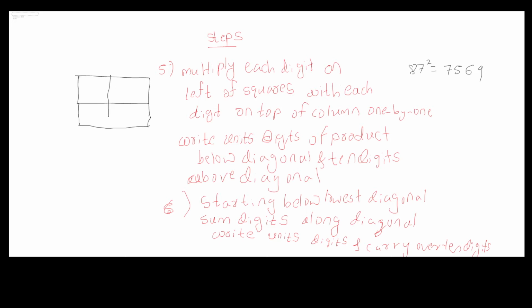This is 8, this is 7, this is also 8, this is also 7. Up to this step we know: 8 into 8 is 64, 8 into 7 is 56, 5 I will write here, 7 into 8 is 56, again 5 I will write here below, 7 into 7 is 49.